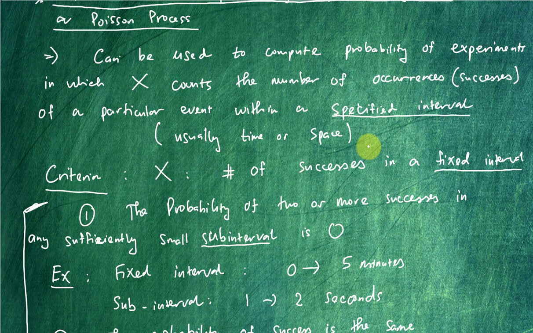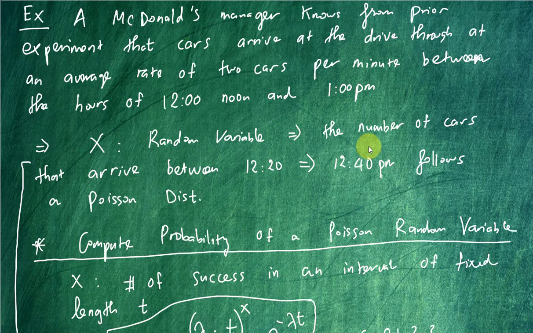Okay, let's now take a look at the example. A McDonald's manager knows from prior experience that cars arrive at the drive-thru at an average rate of 2 cars per minute between the hours of 12 noon and 1 p.m. So in this problem, we are given a fixed interval, so you could consider using the Poisson probability distribution.